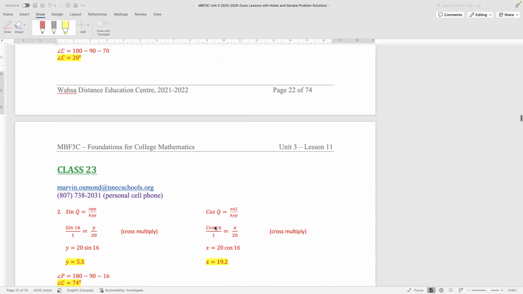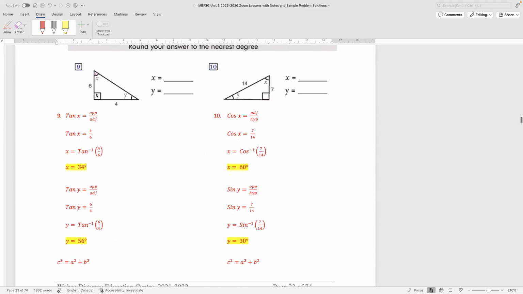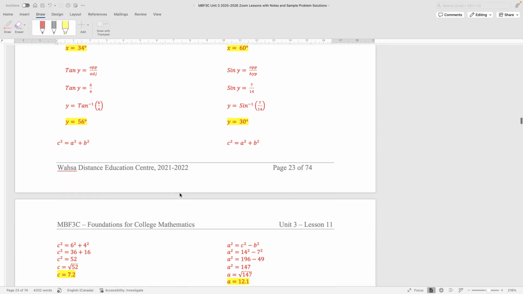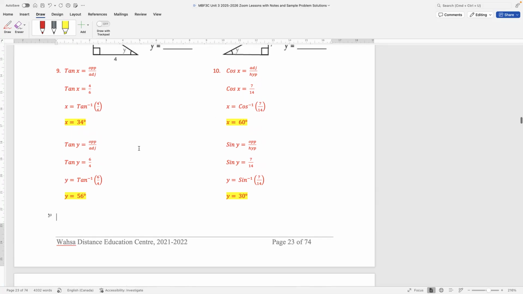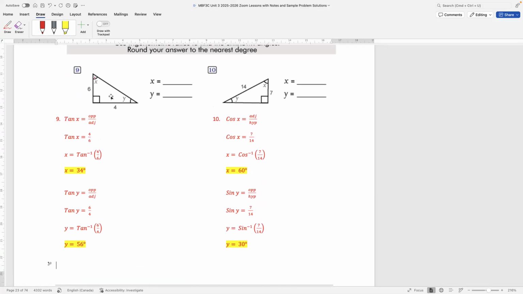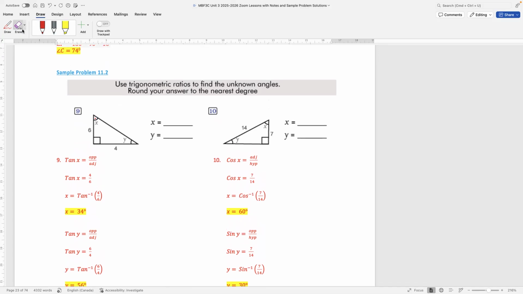Now, what about cases where you know two of the sides? I can use Pythagoras to solve for the third side, easy enough. But I can't use Pythagoras to find any of the angles.